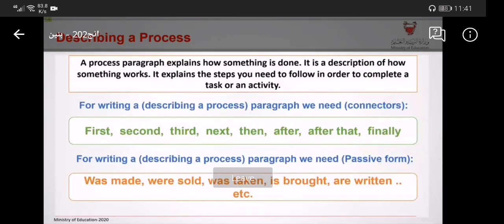Those are the most important things of describing a process paragraph.